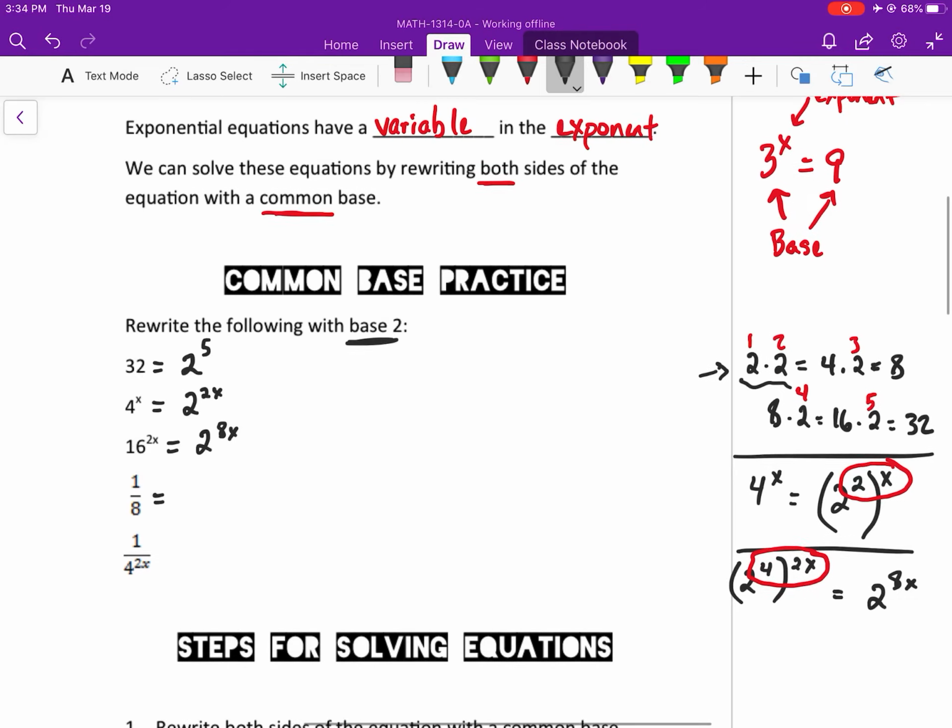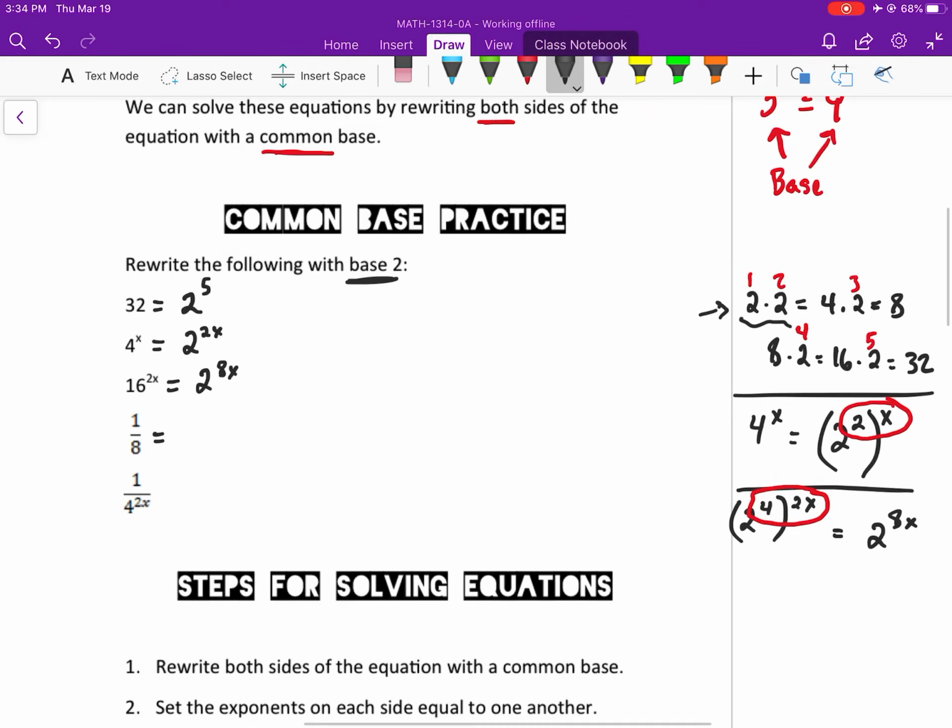Alright, next one, 1/8. Now, this time we are going to have to take the reciprocal. And to be able to flip that, to take the reciprocal of it, I'm going to use a negative exponent. So by flipping that, it makes it 8 to the negative 1 power. Now I can convert it to a base of 2.